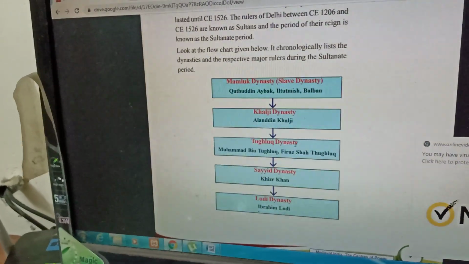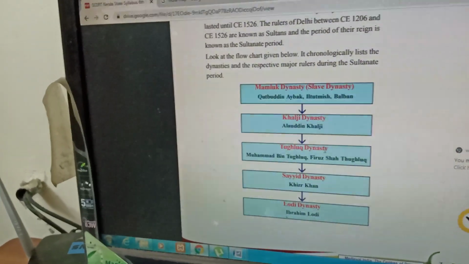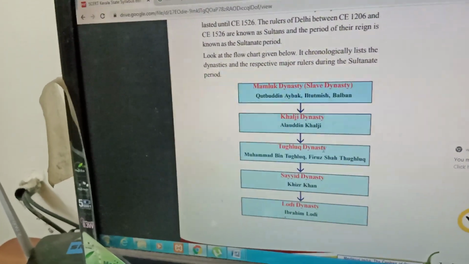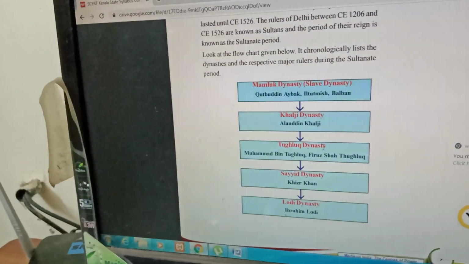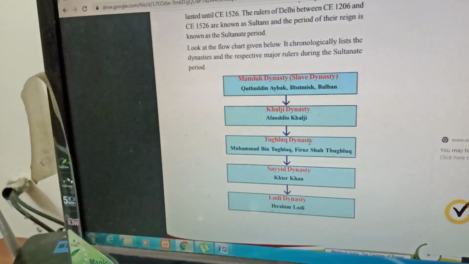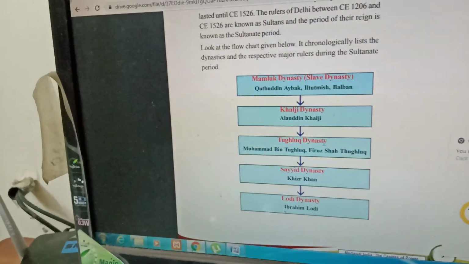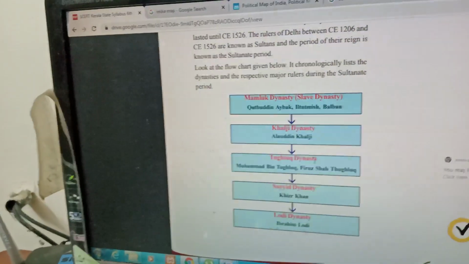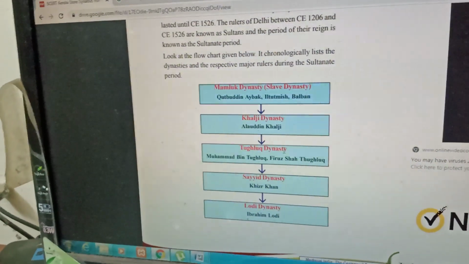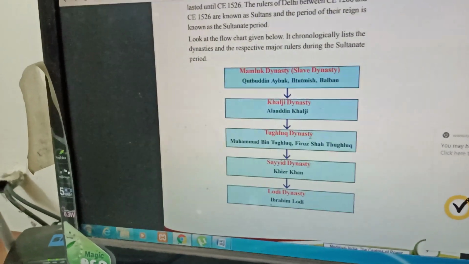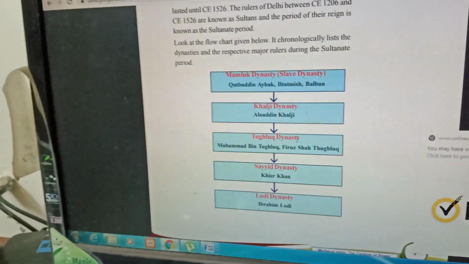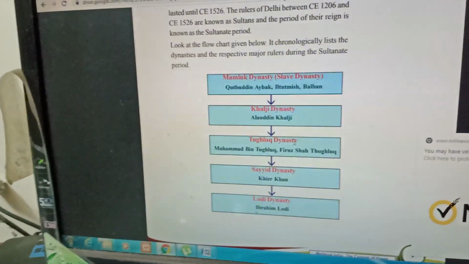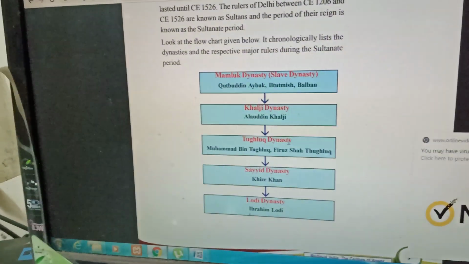After the Mamluk dynasty, it was the Khilji dynasty. The period of reign was from 1290 till 1320. The founder of the Khilji dynasty was Jalaluddin Firoz Khilji, and the prominent ruler of the Khilji dynasty was Alauddin Khilji.